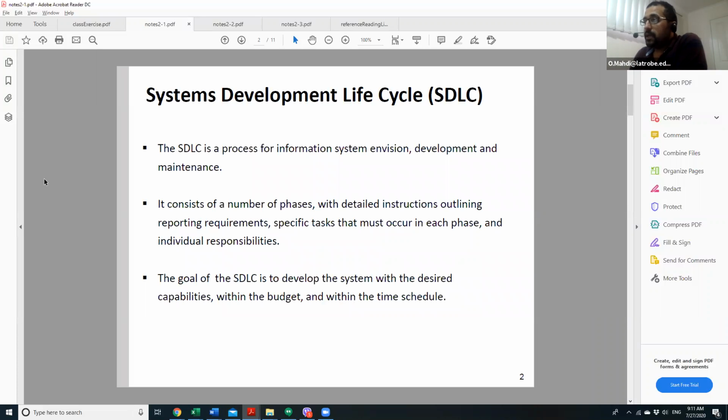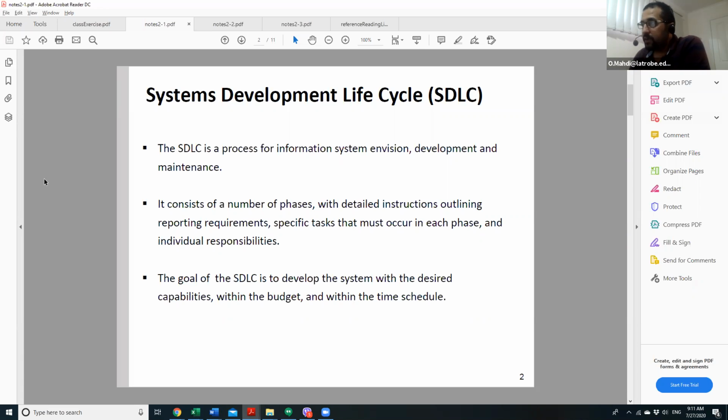So, system development life cycle. If we want to put it as a definition, we're going to say the system development life cycle is a process for information system envision, starting with envision, second by development, and maintenance as well. It consists of a number of phases with detailed instructions outlining reporting requirements, specific tasks that must occur in each phase, and individual responsibilities.